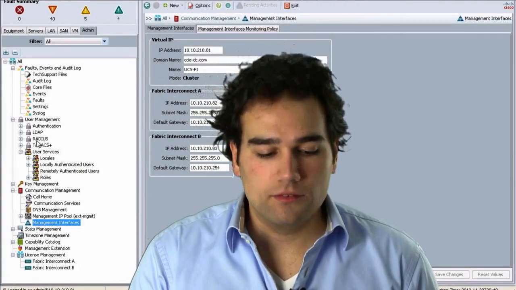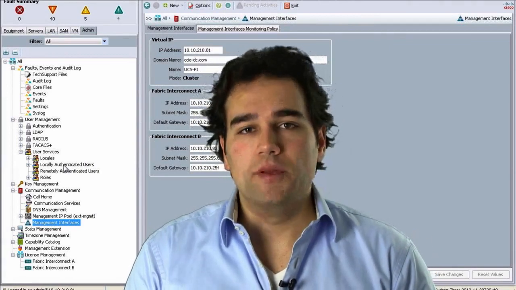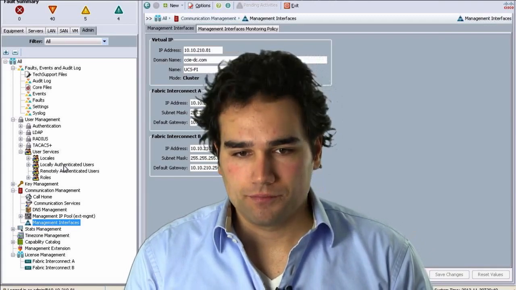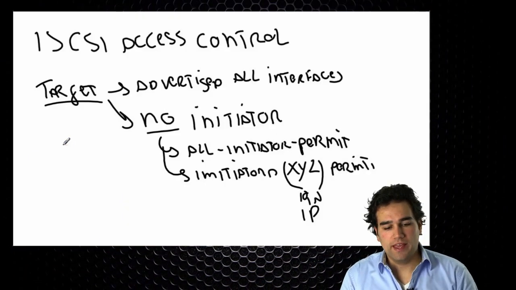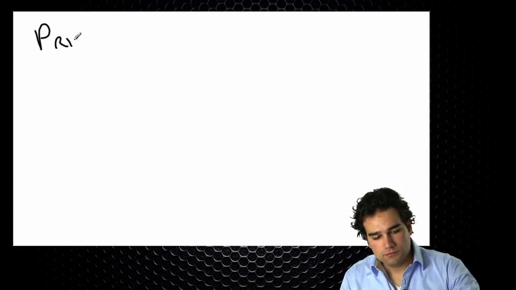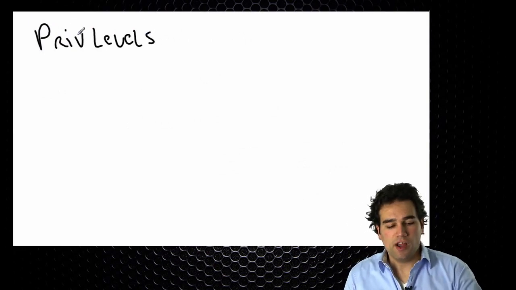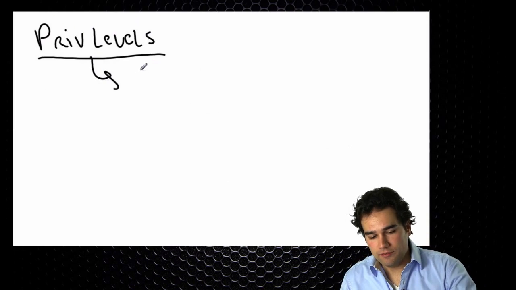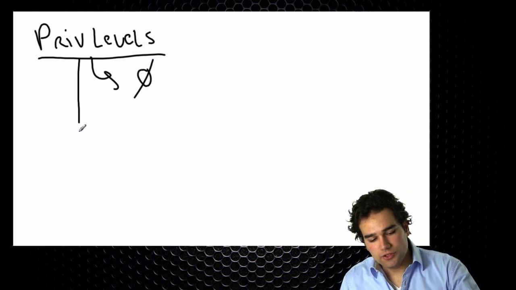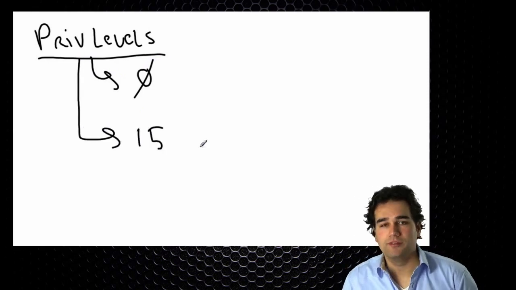Radius, and let me first focus on role-based access. In the past, if you are familiar with the iOS operating system, we had a thing known as privilege levels. If you logged into a router or a switch, you were placed in level 0, where you could basically not do anything unless you got into enabled mode, or privileged mode as they called it, and that was privilege level 15.